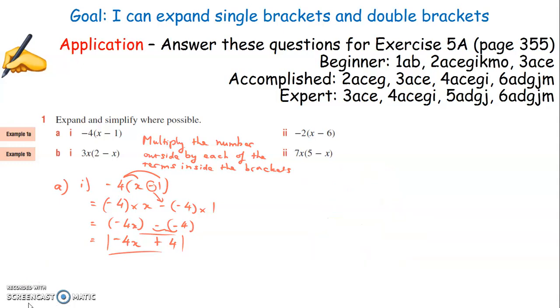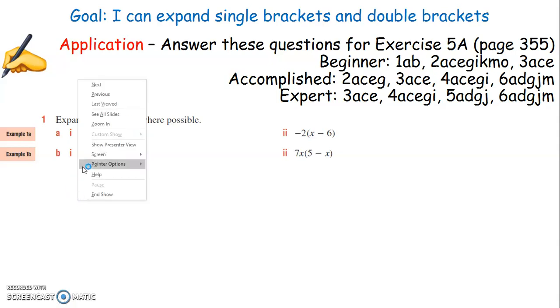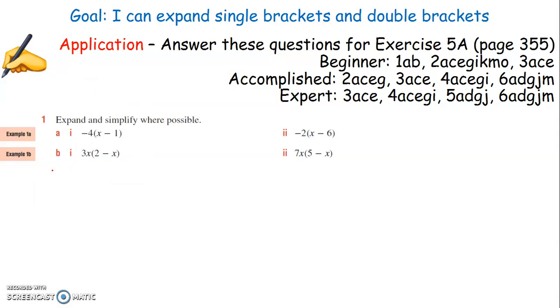All right, so next we have b(i). We have 3x multiplied by (2 minus x). The only difference about this one is this time the x is behind the minus sign instead of being in front. But that's okay, that's still very similar to what we did before.